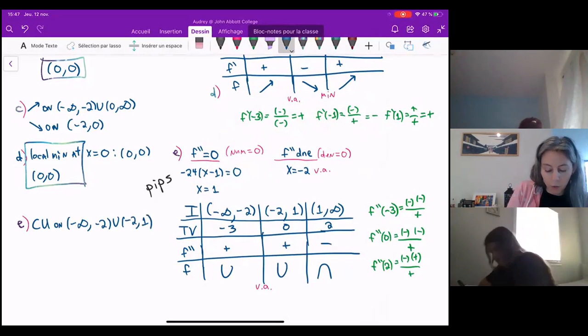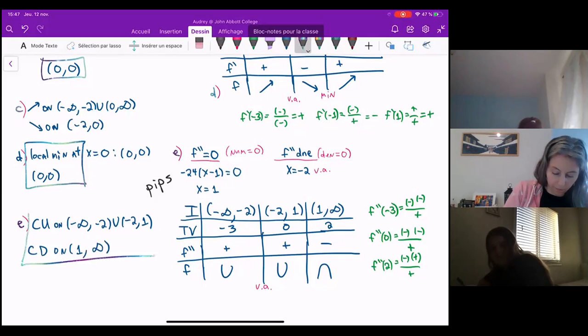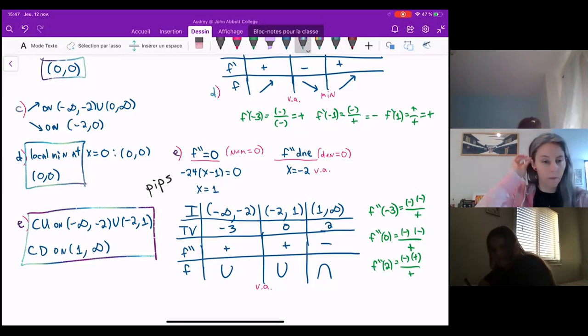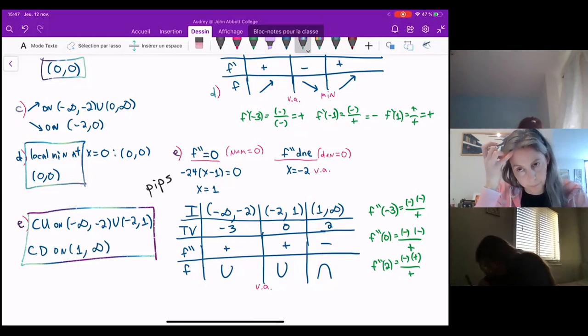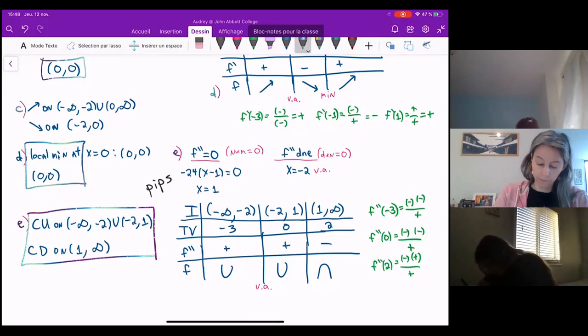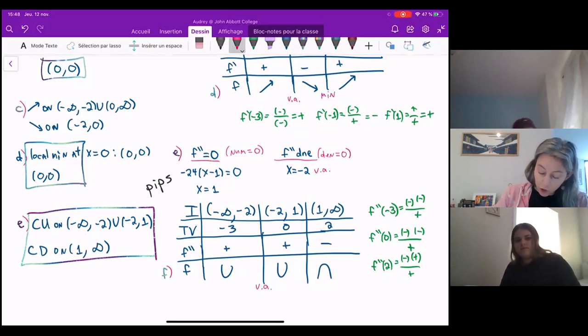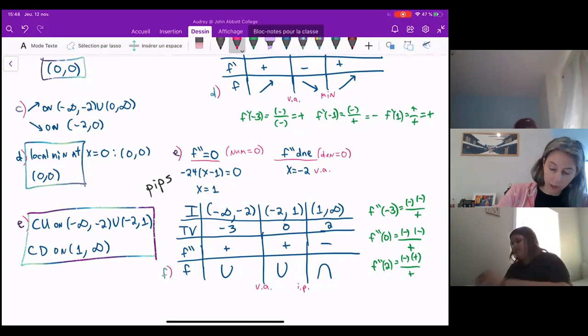And so we can make conclusions about concavity here. Do I have any inflection points? 1, you got it. It changes concavity there, so that's my inflection point.